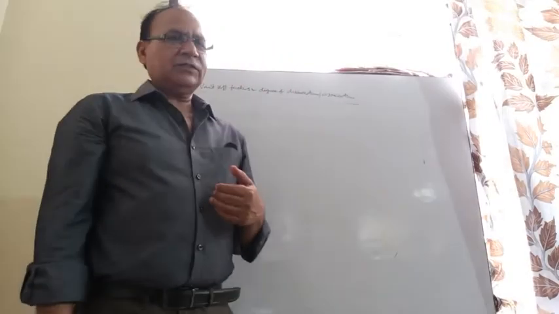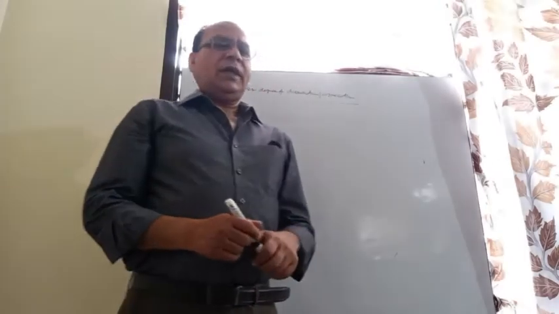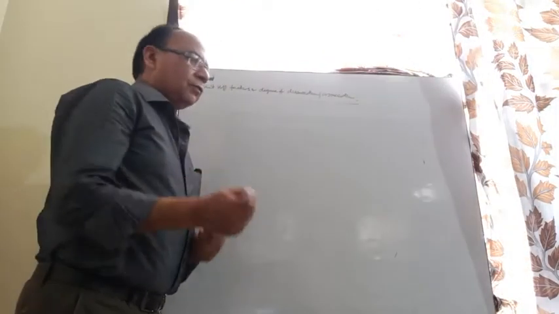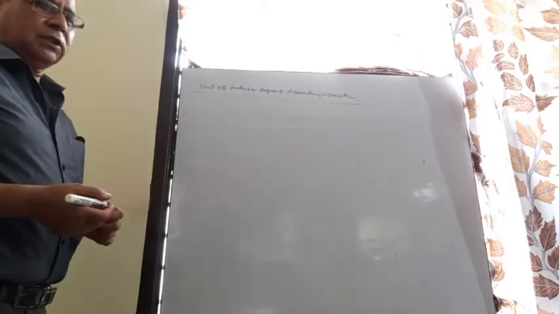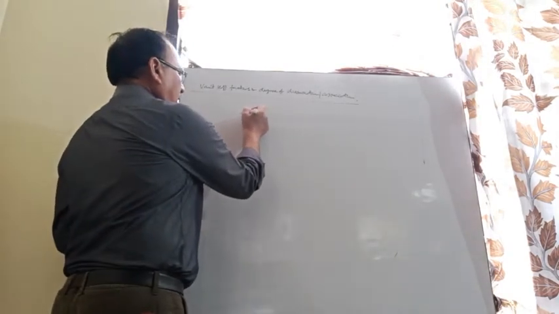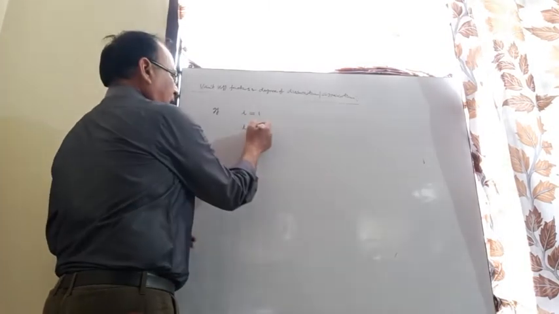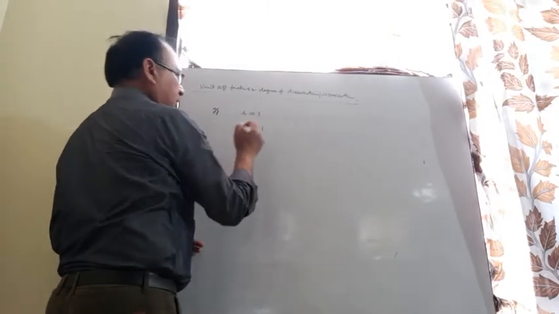So today we will discuss numericals based on i, the van't Hoff factor, and alpha, the degree of dissociation. Before the numericals, I should take one more point that is generally asked in board examinations: if i is 1, if i is less than 1, and if i is more than 1.